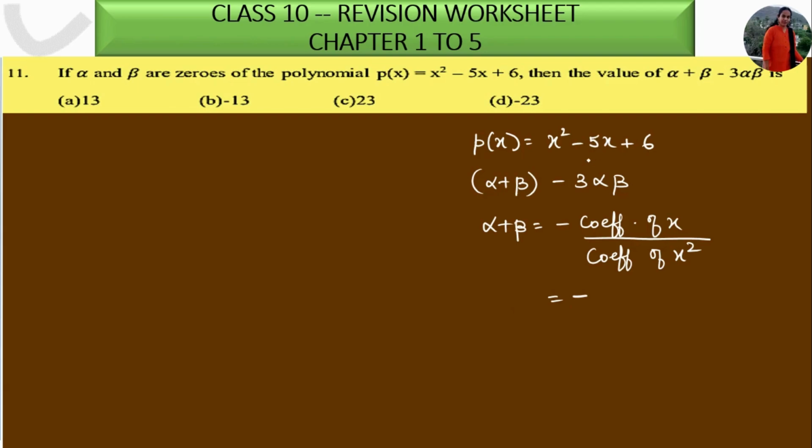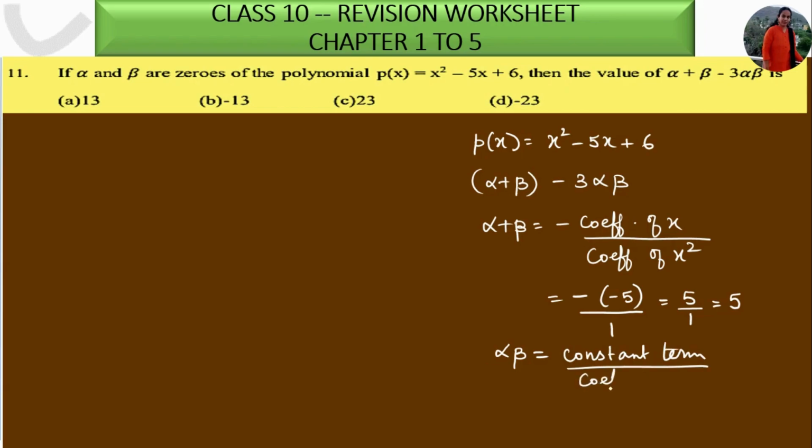Coefficient of x is minus 5, divided by the coefficient of x square. Coefficient of x square is 1. So minus into minus is plus. So 5 by 1 which is equal to 5. Next we need to know alpha beta, the product of the zeros. Product of the zeros is nothing but the constant term divided by the coefficient of x square.